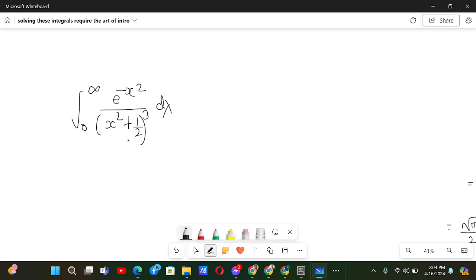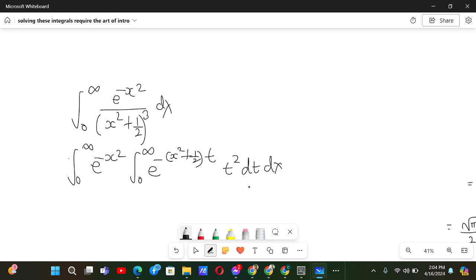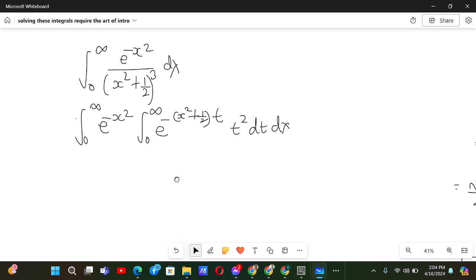So what do we do? We basically introduce a double integral, e to the power minus x square, and introduce integral from 0 to infinity, e to the power minus x square plus 1 by 2 t, and then t square dt dx. And what's next?